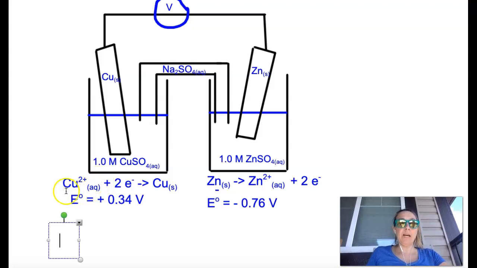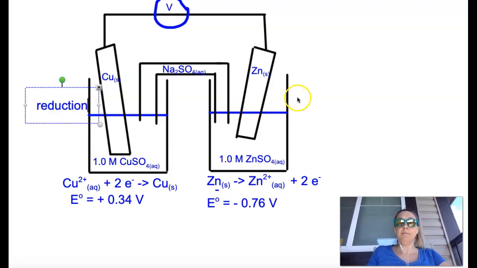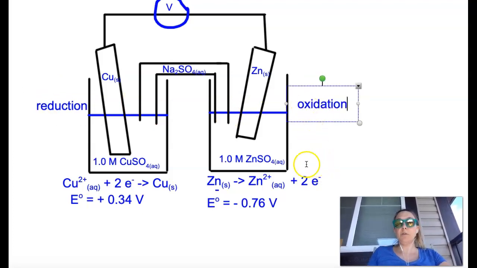To do that, I look at my half reactions. So the copper, we have the electrons over here on the reactant side. So that means we have reduction happening on this side, which means we have oxidation happening over here, which we also can see from looking at our half reaction, right? We are losing electrons, therefore it is oxidation, okay?